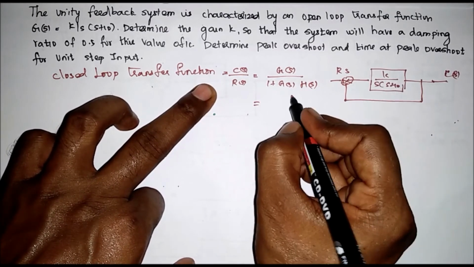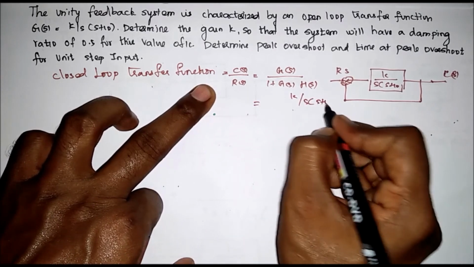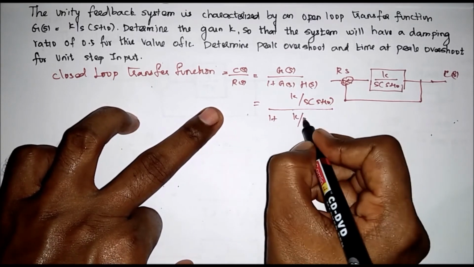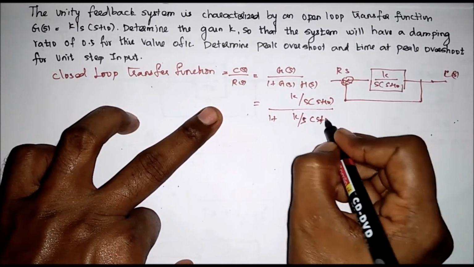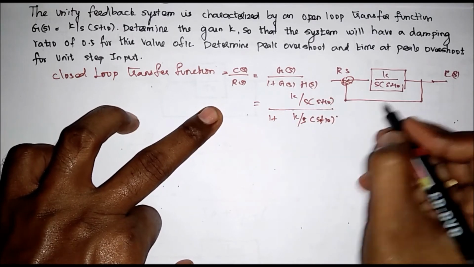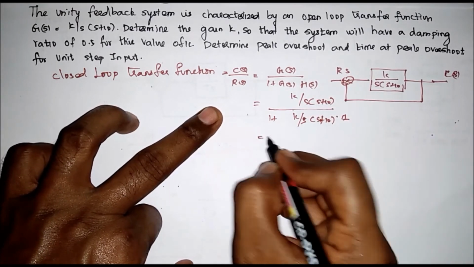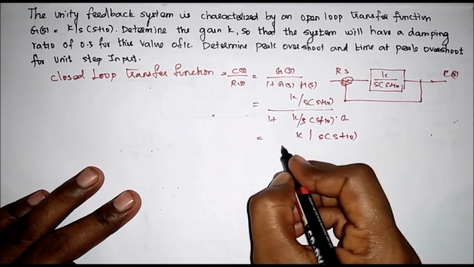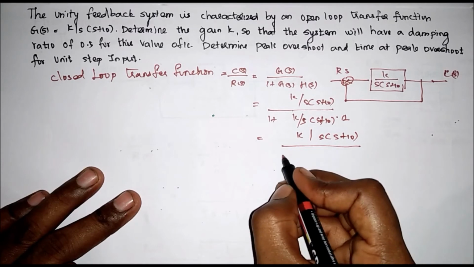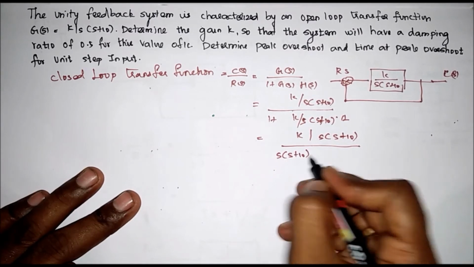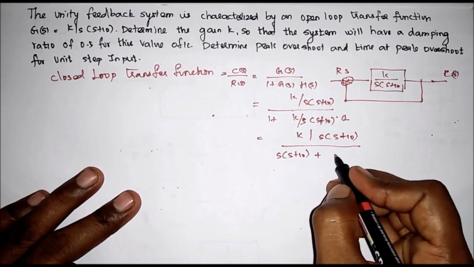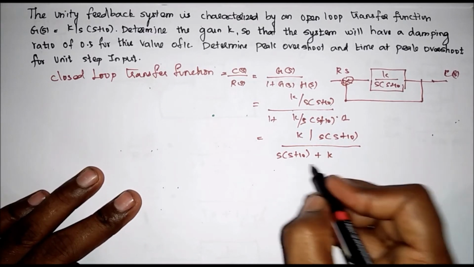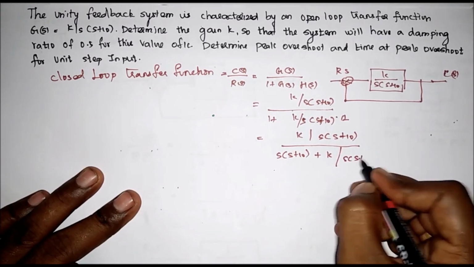We know G(s) equals K divided by s into (s plus 10), divided by 1 plus K divided by s into (s plus 10) into H(s), whose value is 1. So K divided by s into (s plus 10), divided by, taking the LCM, s into (s plus 10) plus K into 1, divided by s into (s plus 10).